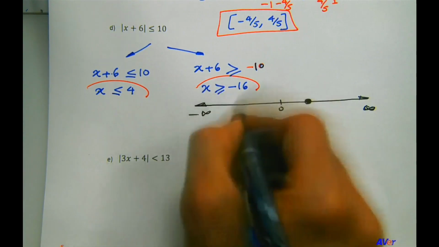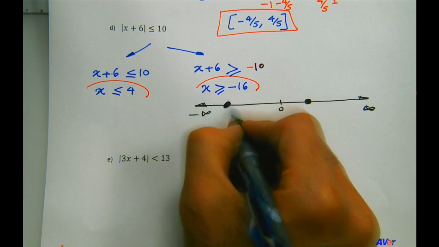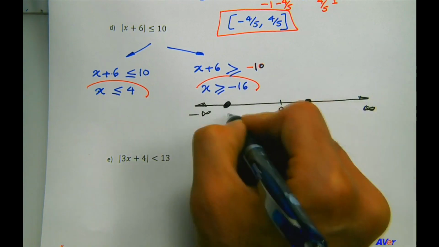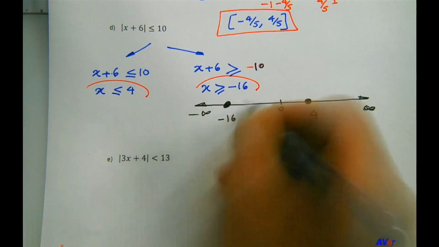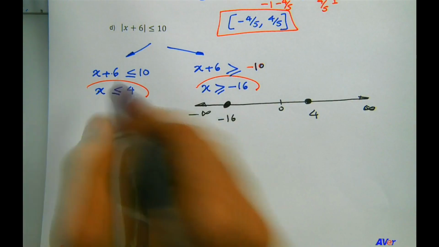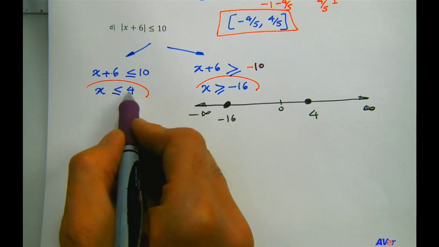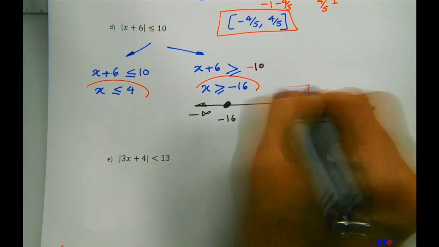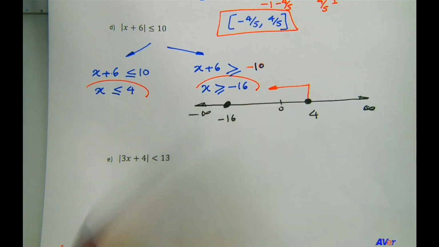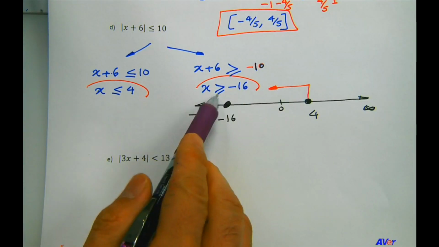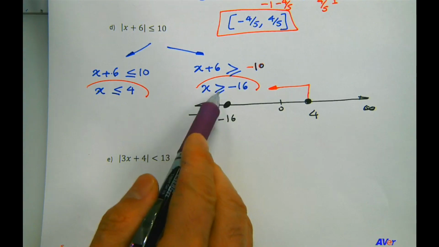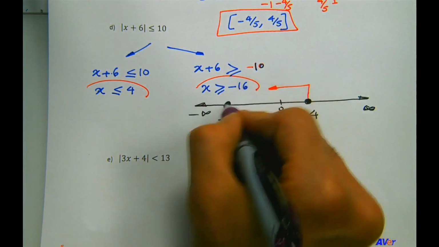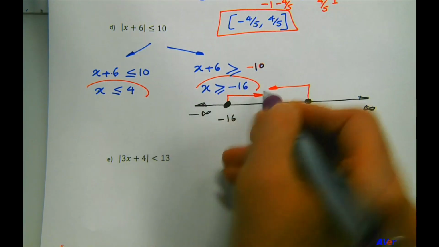And negative 16, let's say that's that. So this is 4, this is negative 16. Okay, so this one says anything equal to or less than 4. So it says go this way. This one says no, anything greater than or equal to negative 16. So it says go this way.